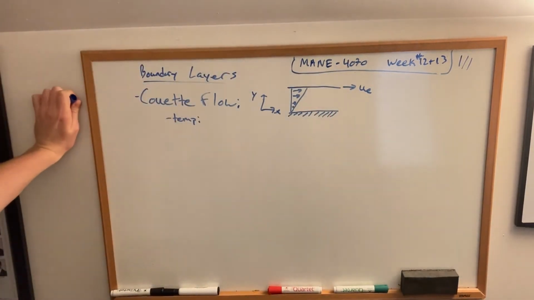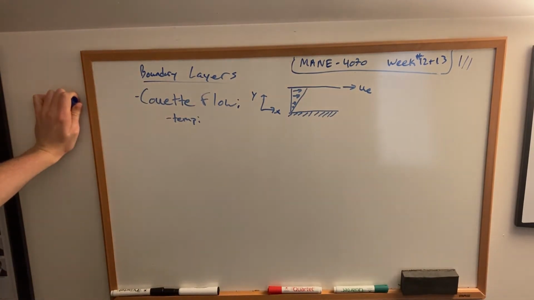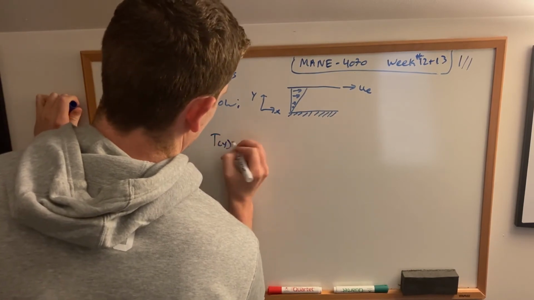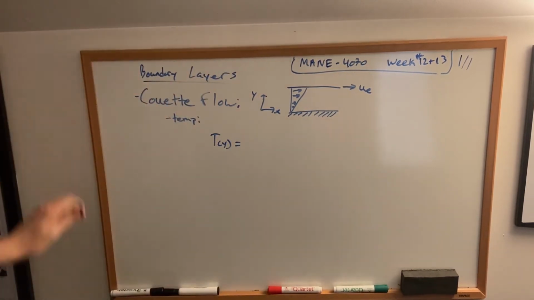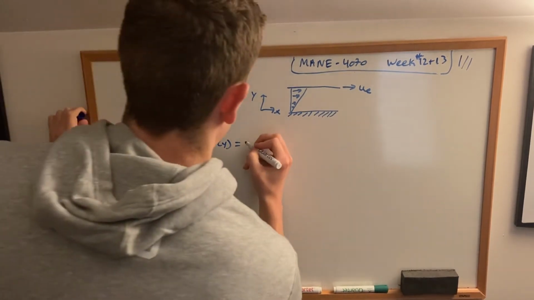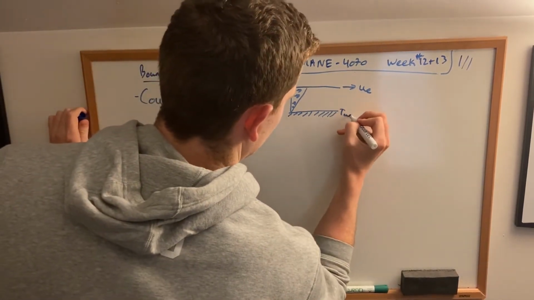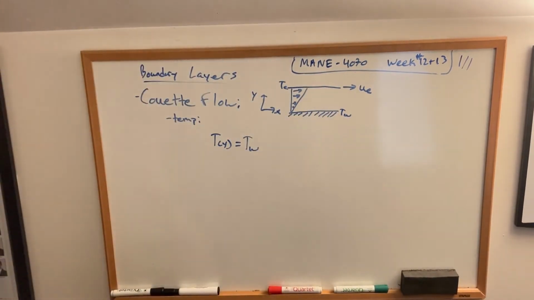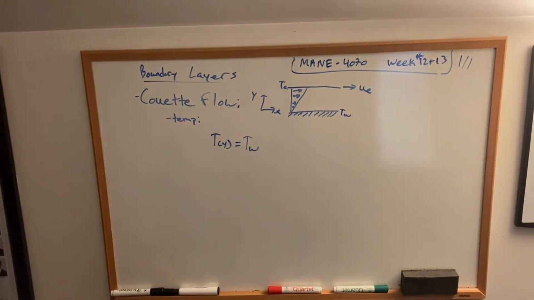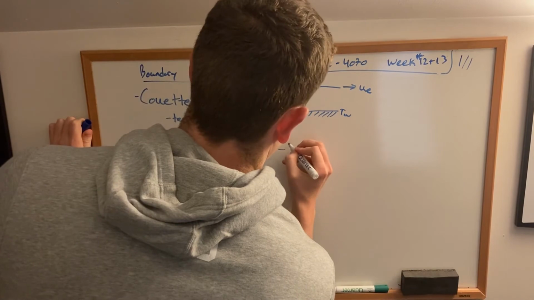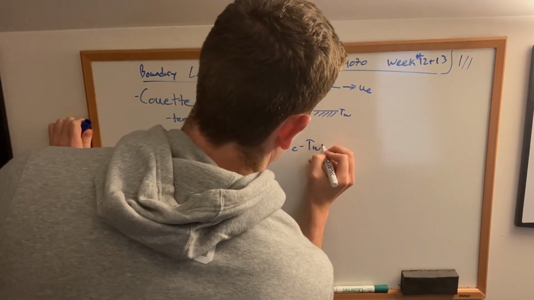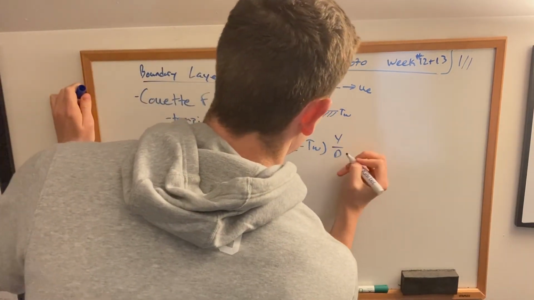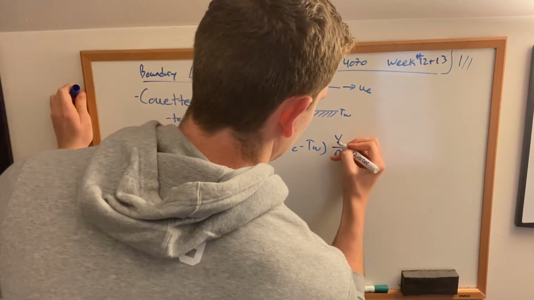And so in the inviscid case, we were able to generate some equation for temperature of y. I won't go through the derivation, I'll just give you the result. It is given as T wall, which is the temperature at the wall, plus, where TE is the temperature of the moving surface, TE minus TW, so delta T, multiplied by y over d, which is this velocity function, basically.